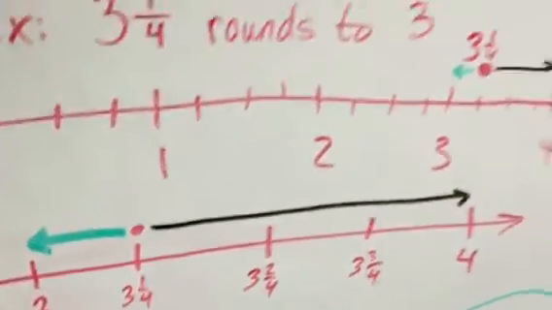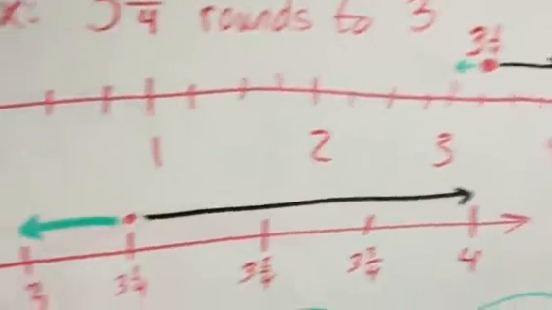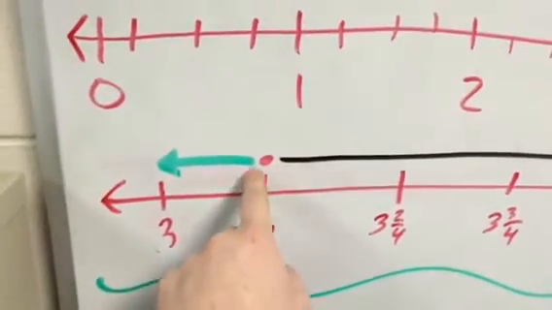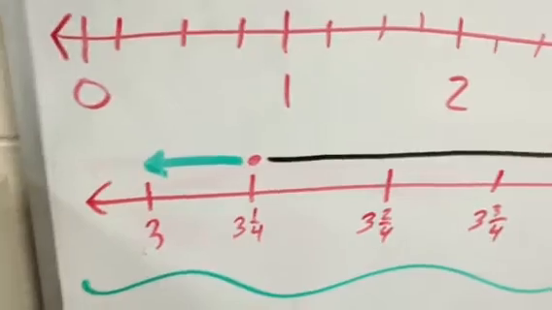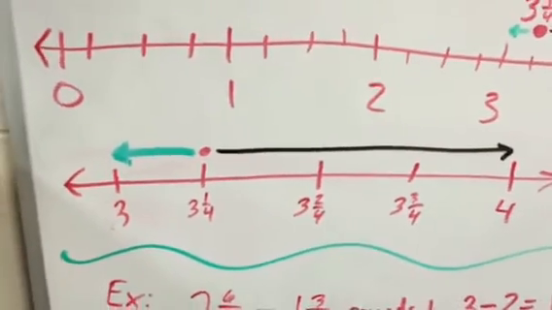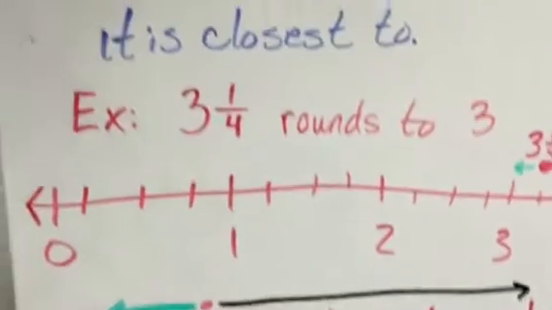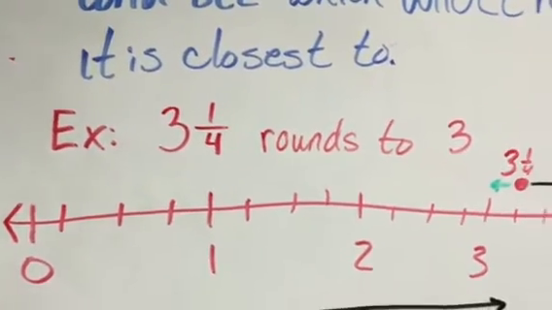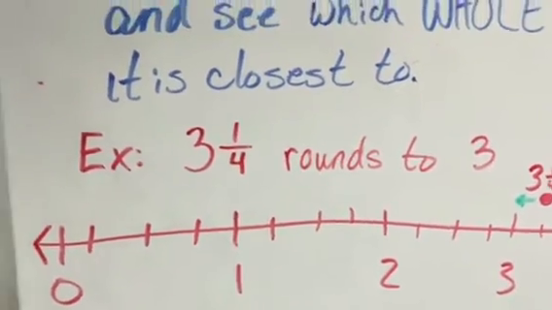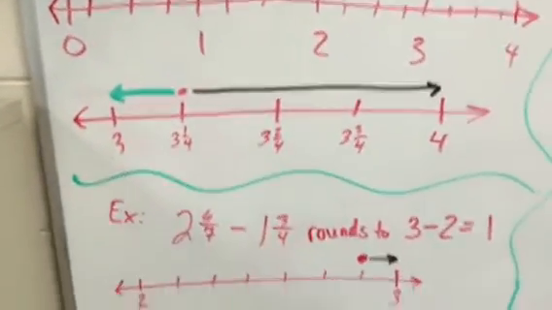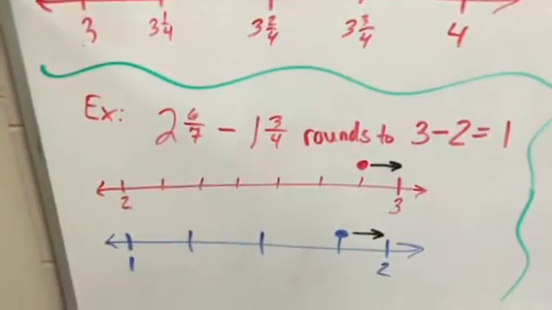So just like I did up here, I plotted a point at 3 1/4 and then drew a line to 3 and a line to 4. And you can see it's easy to see here that the line to 3 is much shorter. So again, we're going to round 3 1/4 to 3.